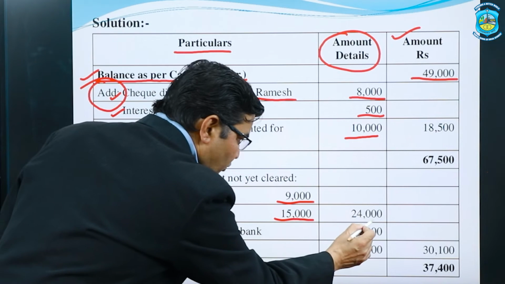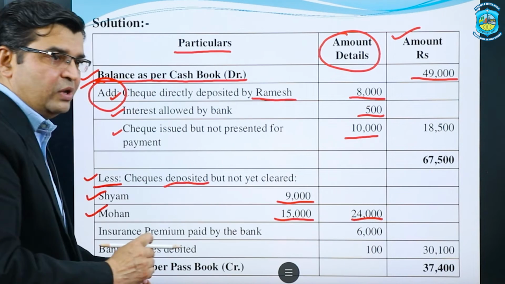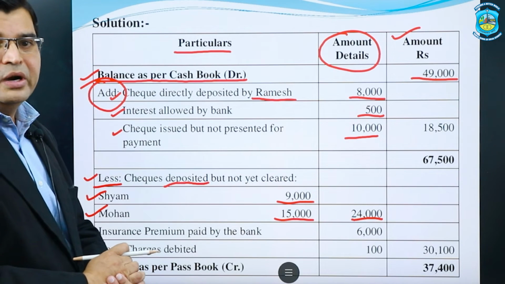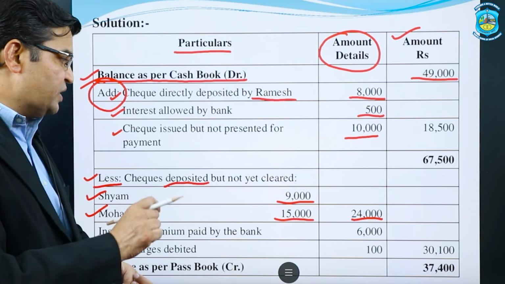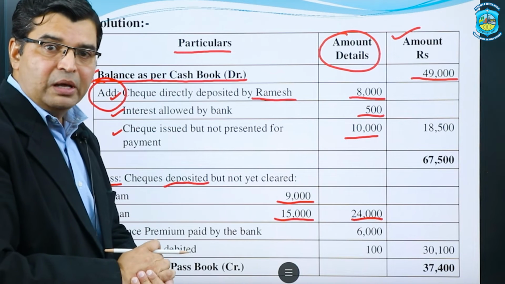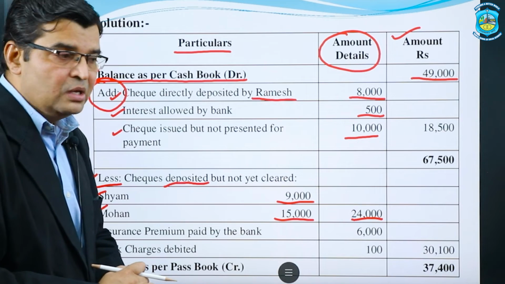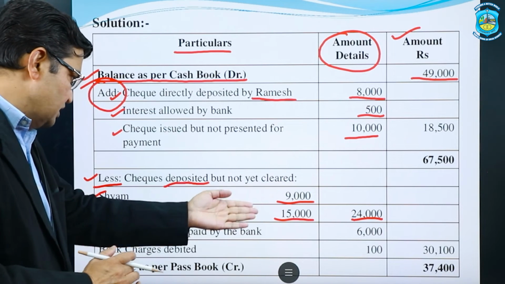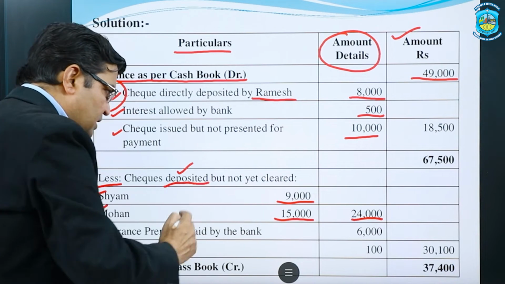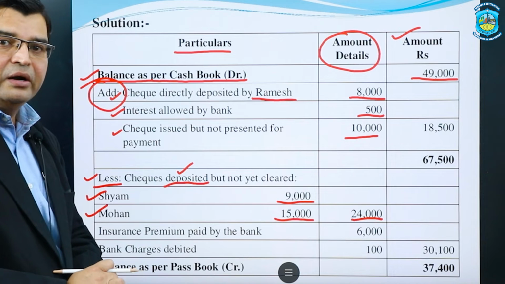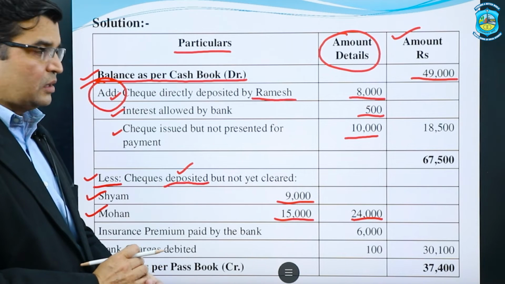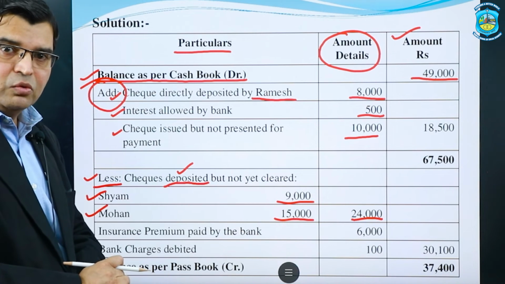So total 24,000 rupees worth of checks we have received, and after receiving, immediately we must have debited both these checks in the bank, means in our cash book bank column. But actually these checks we have deposited also, but the amount has not been cleared. It means bank has not credited this amount in our account.